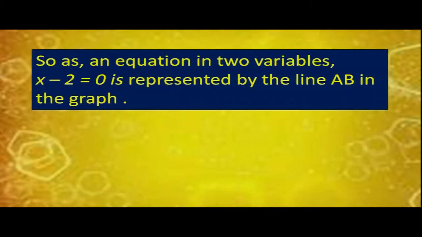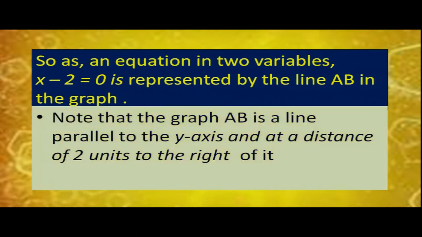Okay, so as an equation in two variables, x - 2 = 0 is represented by the line AB in the graph, and note that the graph of AB is a line and that line is parallel to the y-axis because it is always at a distance of 2 units to the right of it.